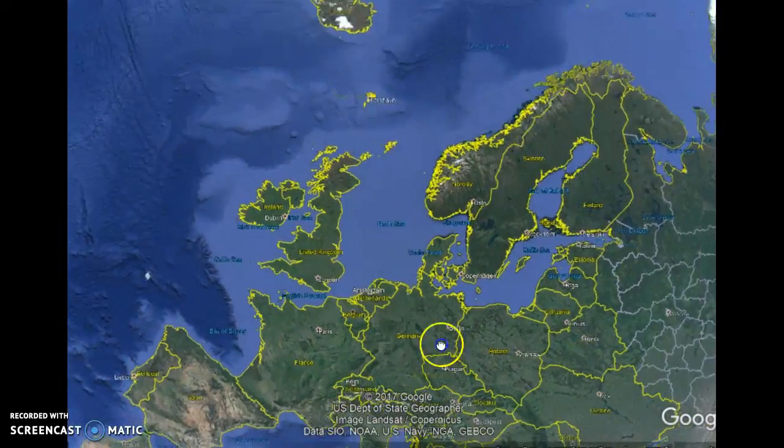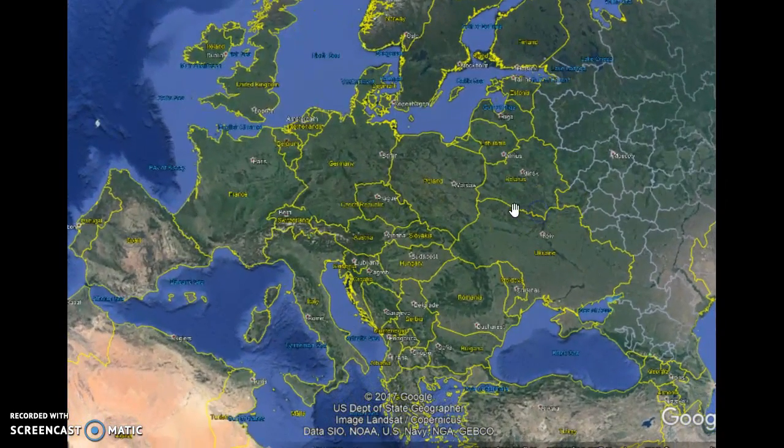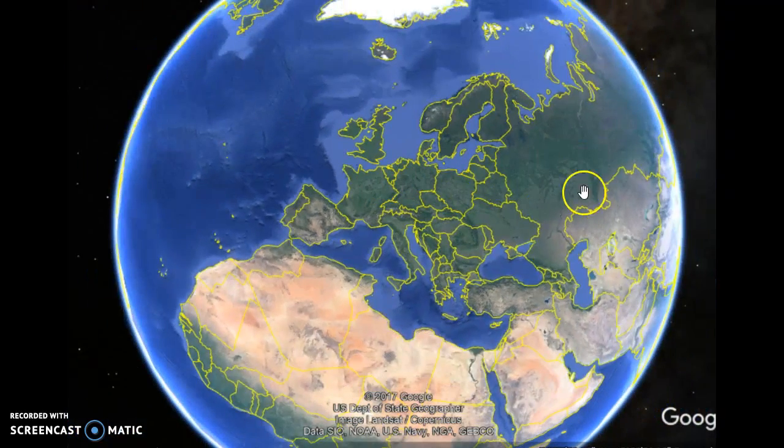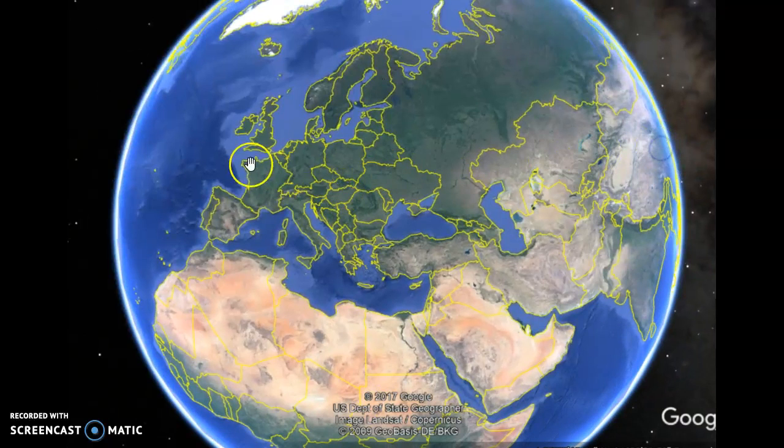The Northern European plain is essentially this entire portion of Europe. So from France right through here, all the way to Russia. So through Germany, through Poland, through Estonia, Latvia, and Lithuania. And this is where most of the farming in Europe is done.